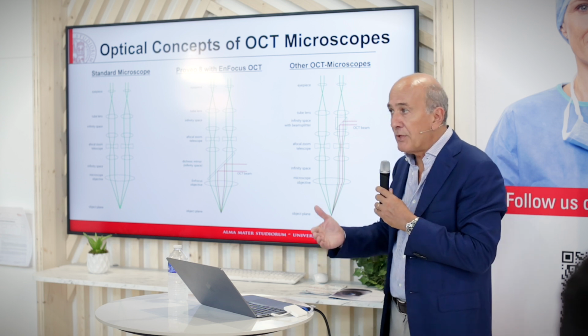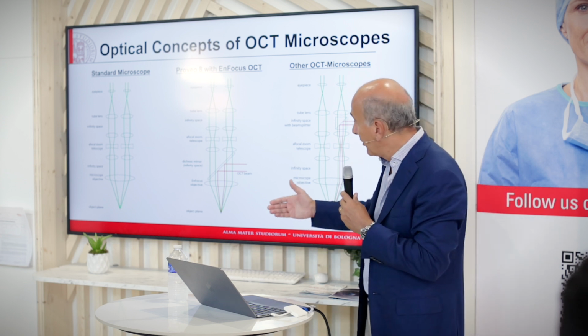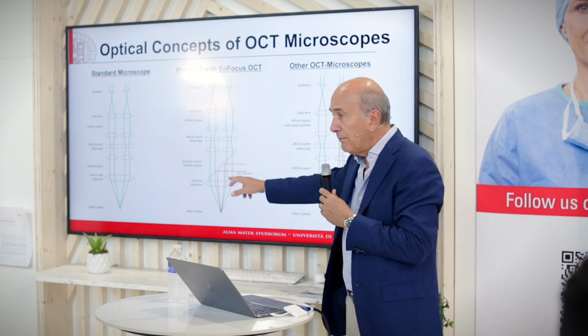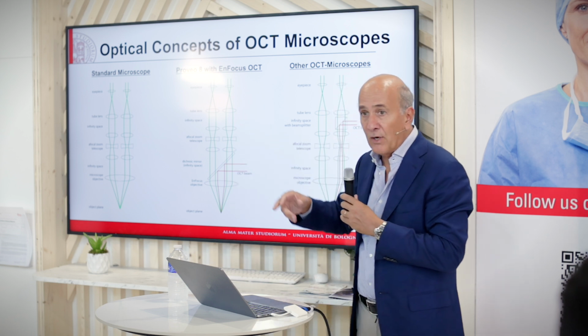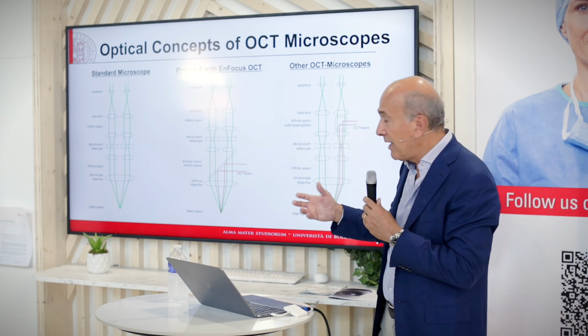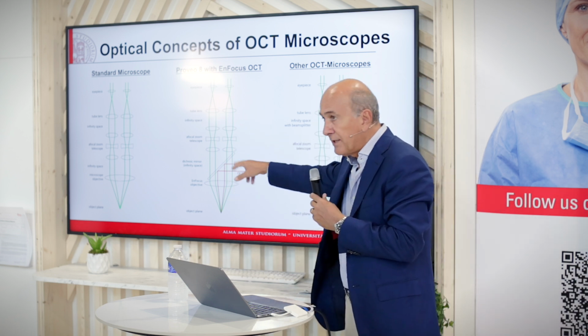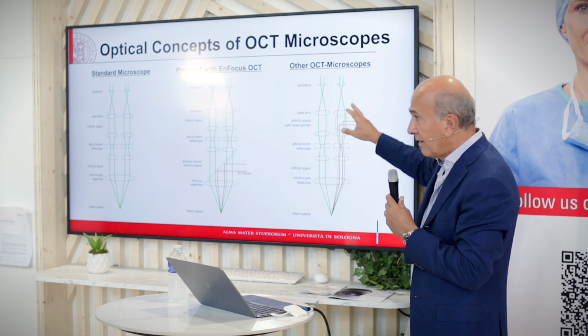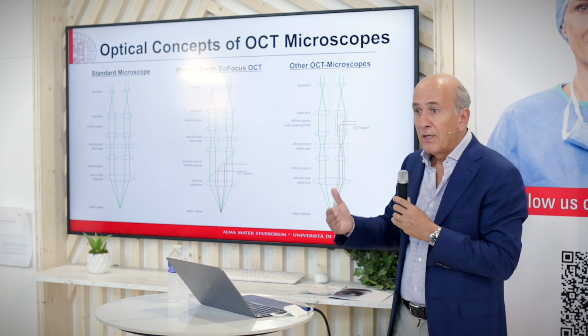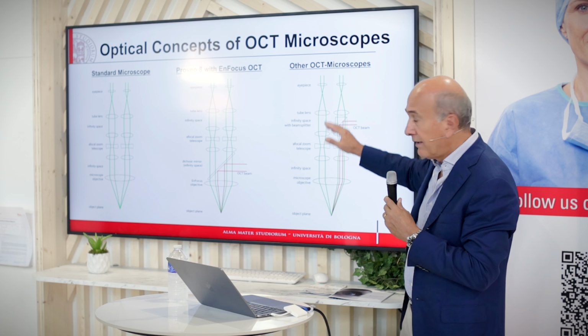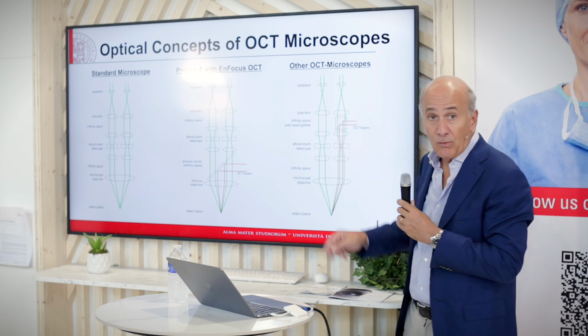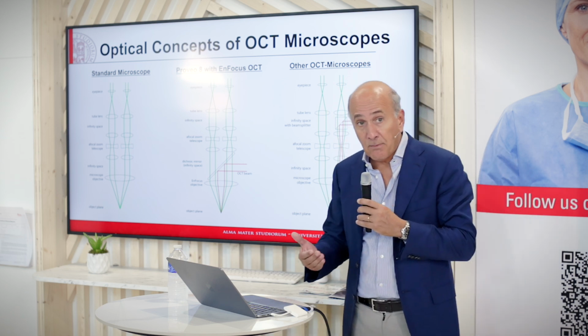You can see that there is a huge difference, because the OCT beam doesn't go through all the optics, but remains limited here, whereas for the competitors, it goes through the optics but basically only one channel. So that is a major limitation.